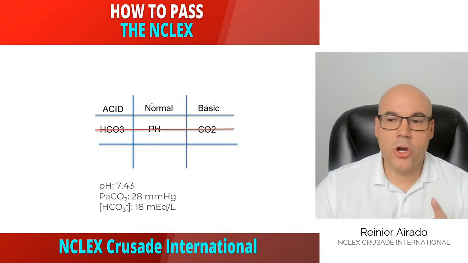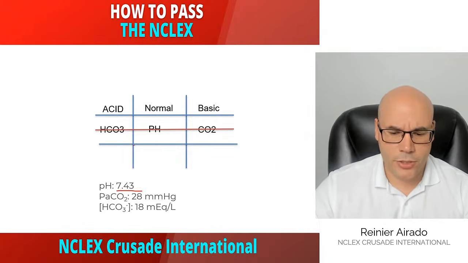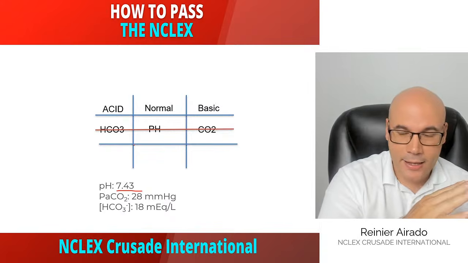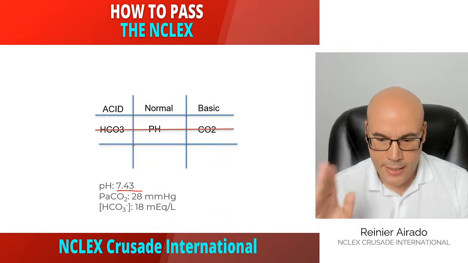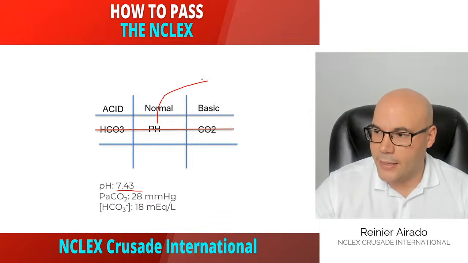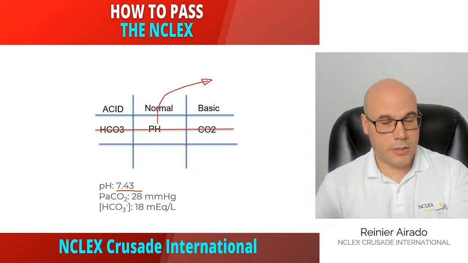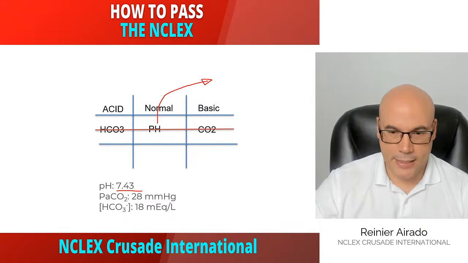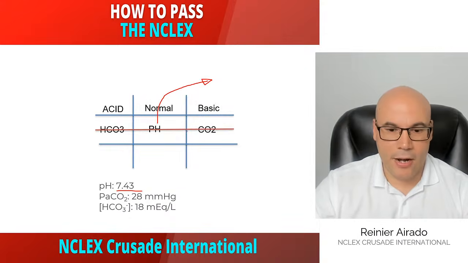So the pH is normal, 7.43. I ask you a question: is the pH more inclined towards acidic, or is the pH more inclined towards basic? In this case, the pH is more inclined towards basic. It is normal, yes, but it is 7.43, almost at 7.45, so it is closer to basic. Perfect. What is basic in this scenario?